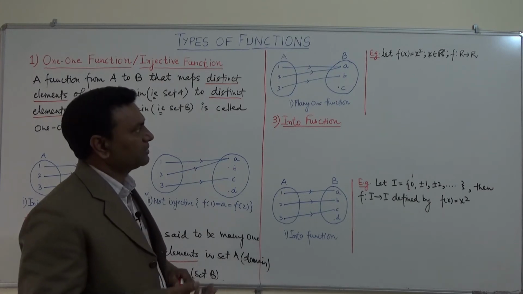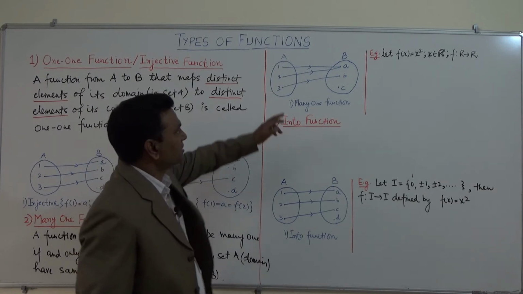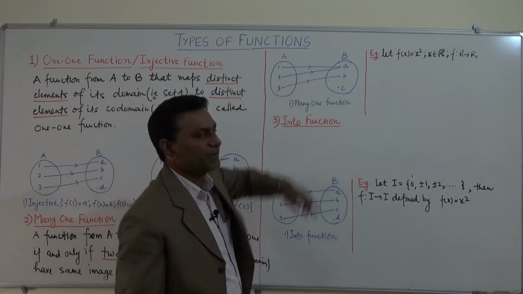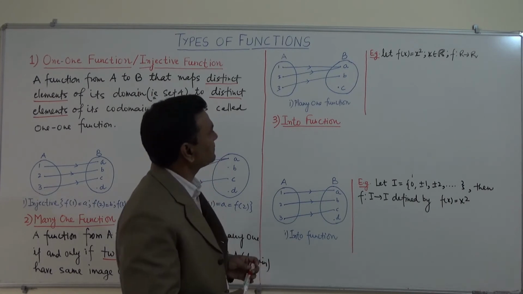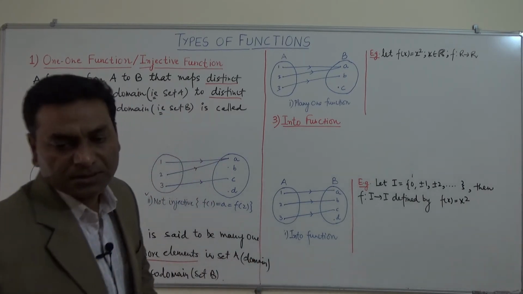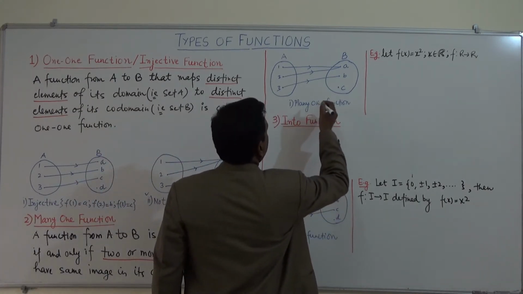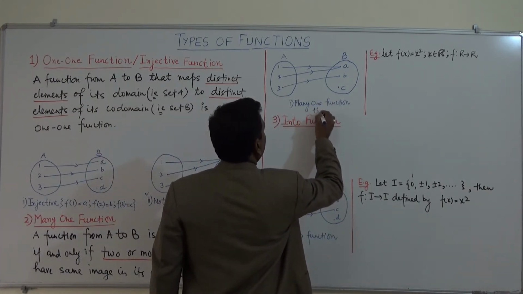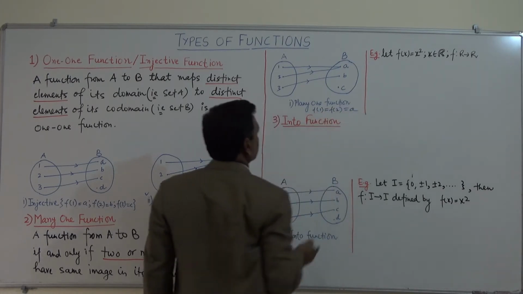Set B also has three elements, A, B and C. But here these two elements 1 and 2 have the same image, that is A. That's why this is a many-one function. So here F1 equals F2 equals A.